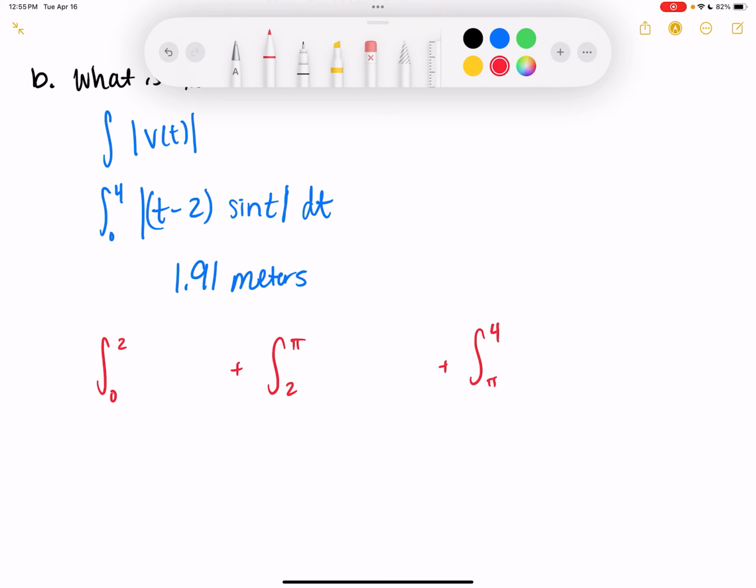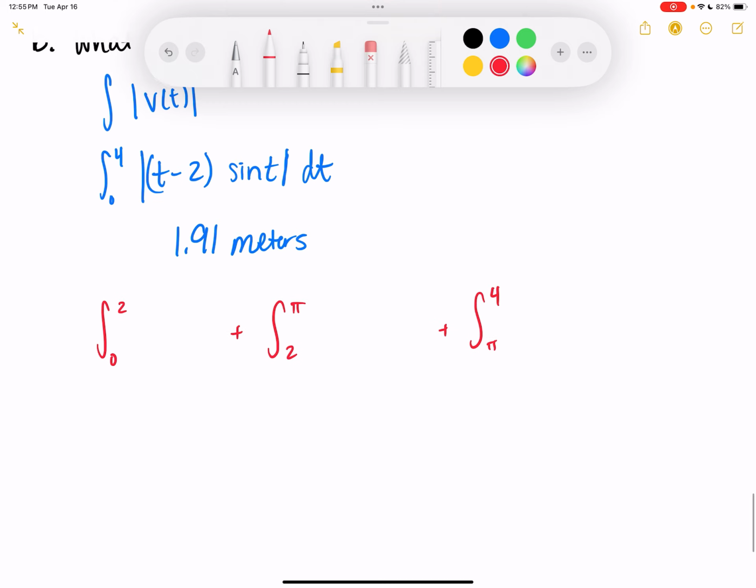But because you don't know how to do by parts, we can't do it this way. Then we would have solved each integral individually, and this would have given you the absolute value of negative 1.09, this would have been the absolute value of 0.23, and this would have been the absolute value of 0.59. And then we would have added all those together and gotten the final answer that way.